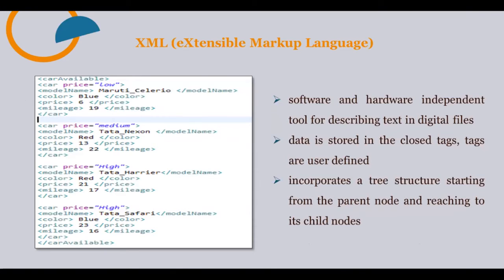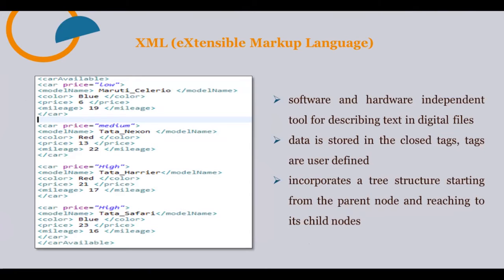XML is extensible markup language. It is a software and hardware independent tool for describing text in digital files. Different organizations use XML to interchange information over the internet. In XML, the data is represented in the form of a tree structure. It has a parent node.